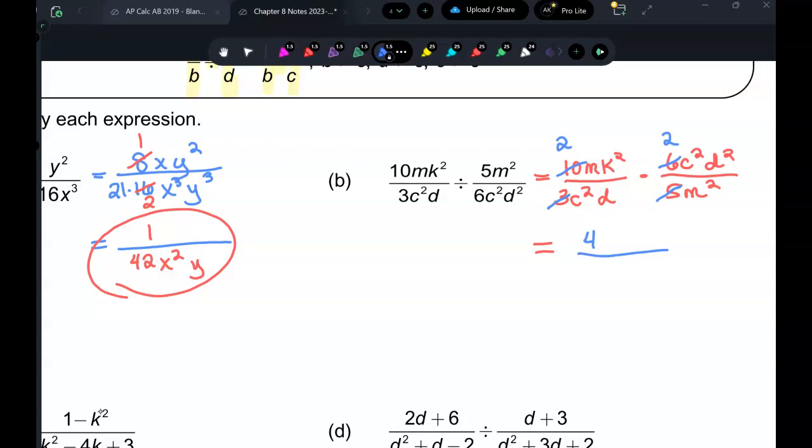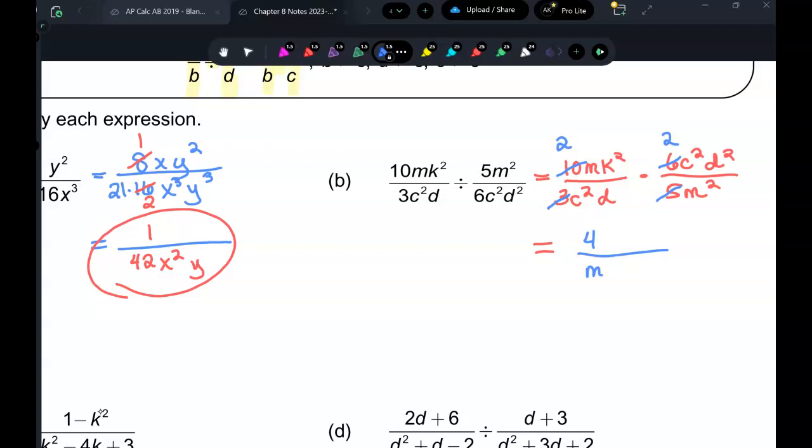Okay. Should we do the m's next since we're here? So m here is in the top, m squared is on the bottom. So it'll be on the bottom, m to the first. I don't care the order of the letters either. I'm fine if you switch them around. It doesn't have to go in any order. Okay, we're done with the m's. And then d to the first. What about the k squared though?